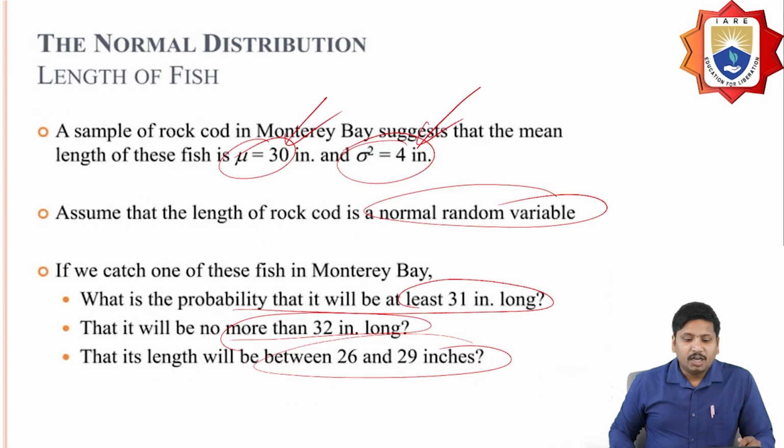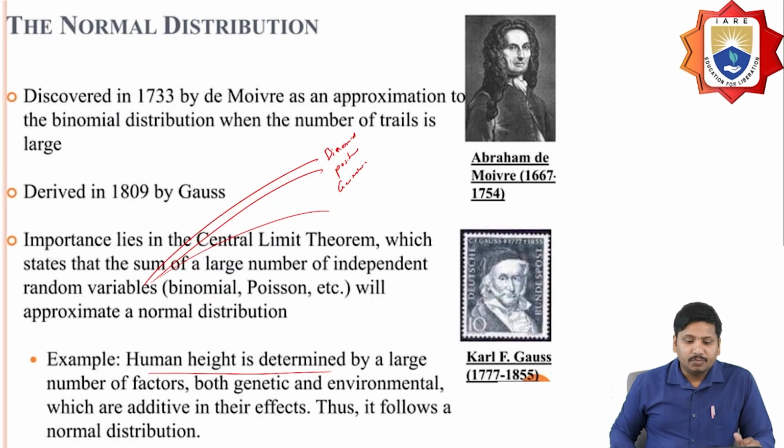So these are the different types of distributions. First, the normal distribution, which was invented by Gauss in 1809. Mainly this one is used in the central limit theorem, which states that the sum of a large number of individual random variables will approximate a normal distribution. Human height is determined by a large number of factors.